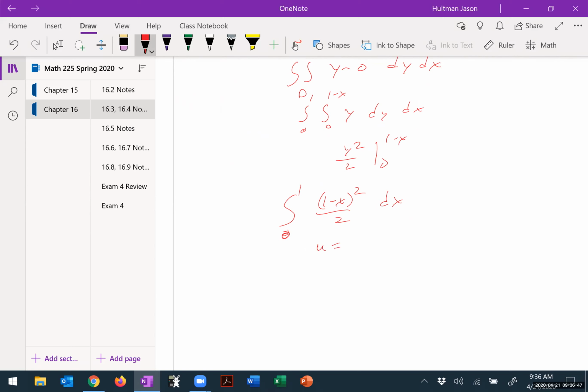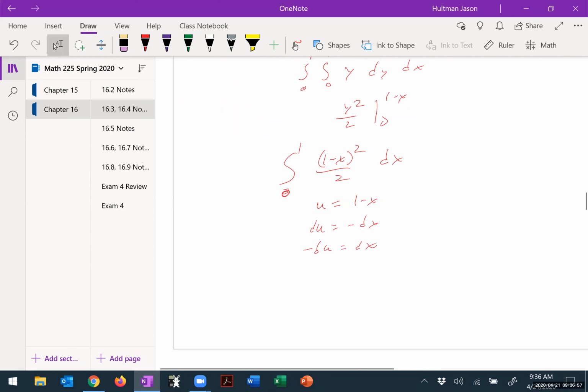I'll do a u-sub. u equals 1 minus x, du equals negative dx, so negative du equals dx. Transferring my limits, u of 1 is 0 and u of 0 is 1. So this goes from 1 to 0, sorry, not 0 to 1, of negative du, giving negative u squared over 2.